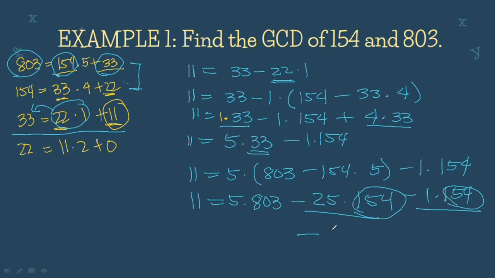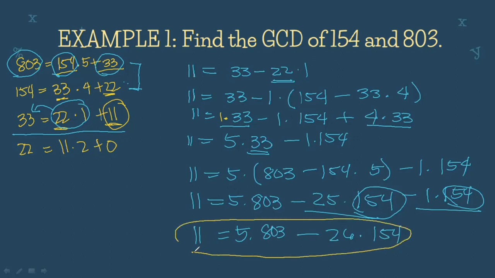So, we will have negative 25 minus 1, that is negative 26 times 154, and 5 times 803 is equal to 11. Ngayon po, ito pong last, yan po ang tinatawag natin na linear combination ng answer po natin.